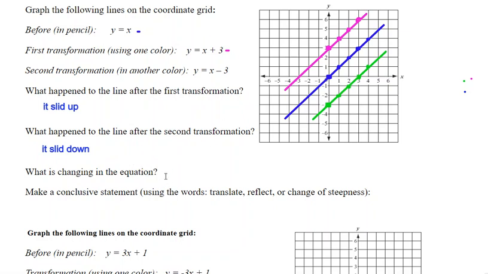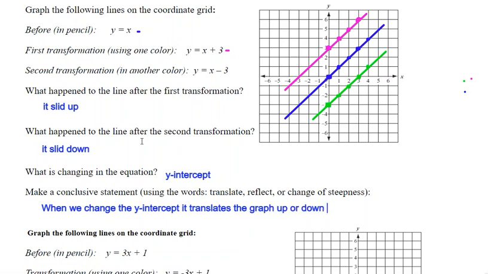So what's changing is the y-intercept. When we change the y-intercept, it translates the graph up or down.